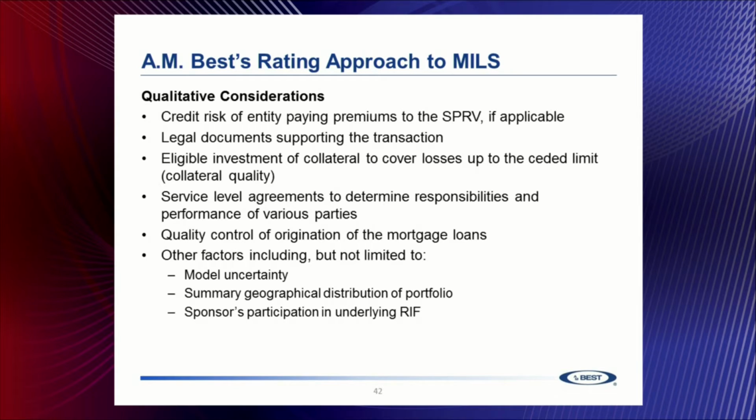However, in some deals, the transaction structure may mitigate this risk, and that will not be applicable then. Another item we want to emphasize is the quality control of the origination of mortgage loans. During the financial crisis, one of the reasons that mortgages did not perform well was that the quality of the loans originated during that period was pretty poor. This concludes the section. I will hand over the presentation to Manny.